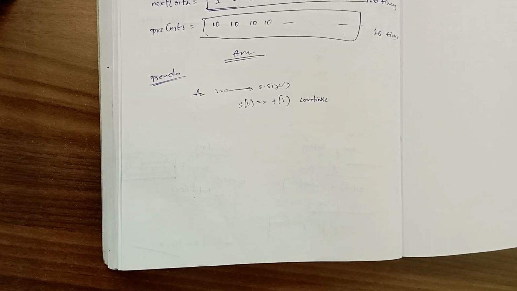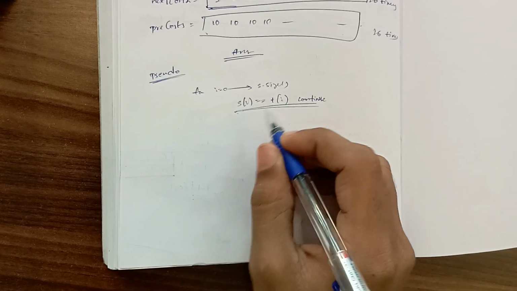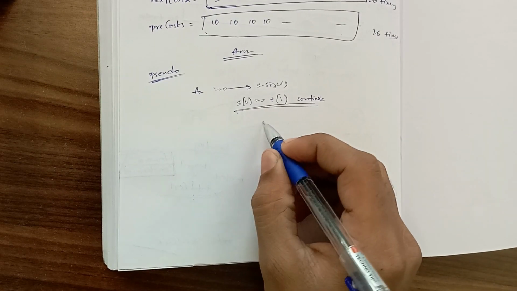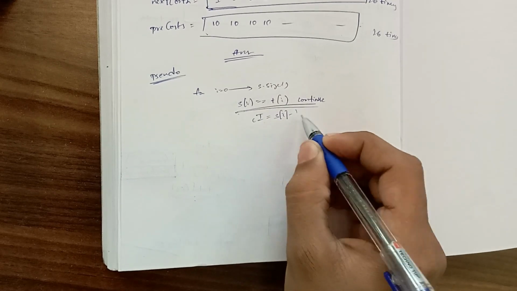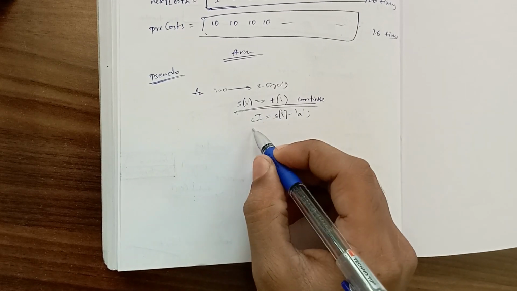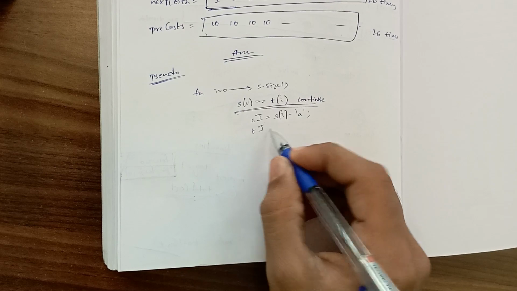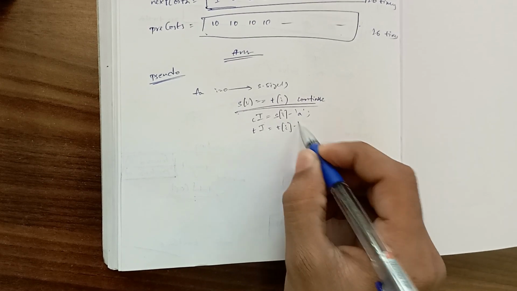Now, to get the correct index, let us say ci is equal to s of i minus a, and ti, the target character, is t of i minus a.